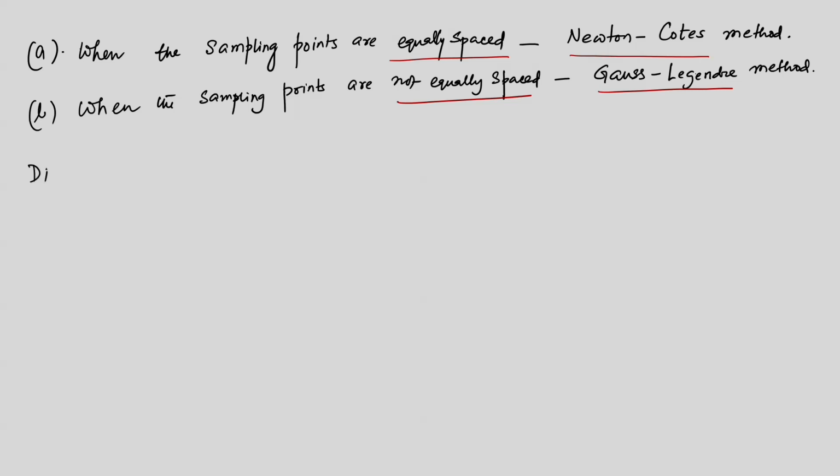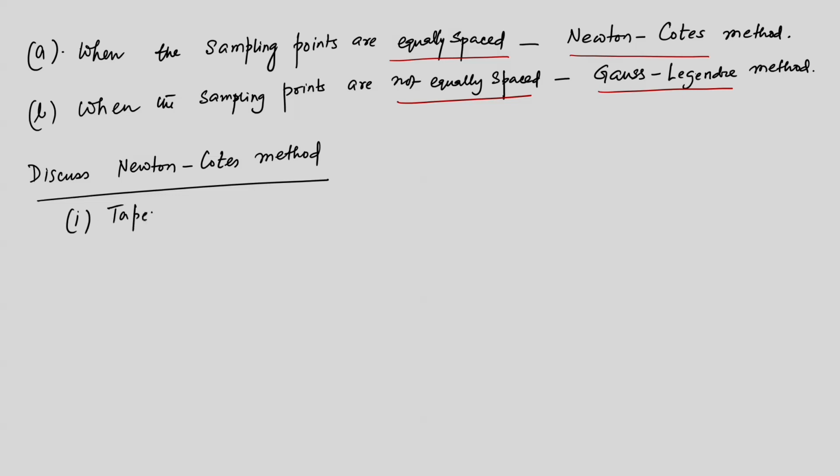Let us discuss this first. It has very efficient algorithms. One is the trapezoidal rule, which uses this Newton-Cotes method, and we can also use Simpson's 1/3 rule.